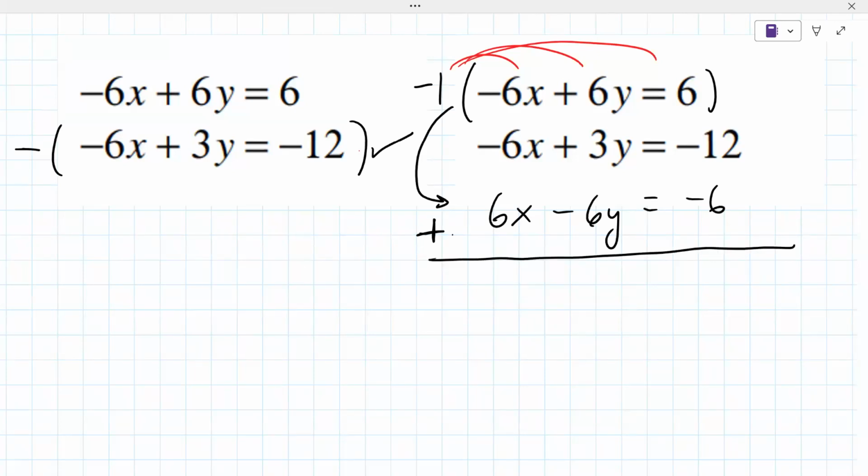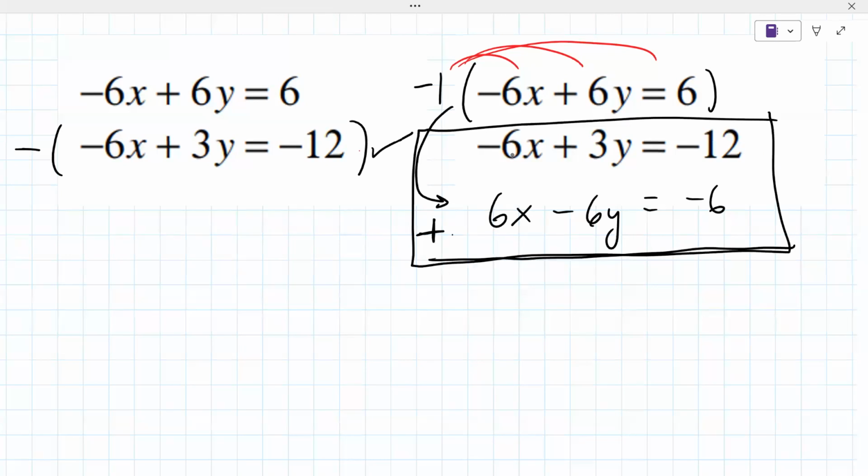Minus 6x. You have minus 6x plus the 6x. This first equation is gone. You're just looking at these two in the box.